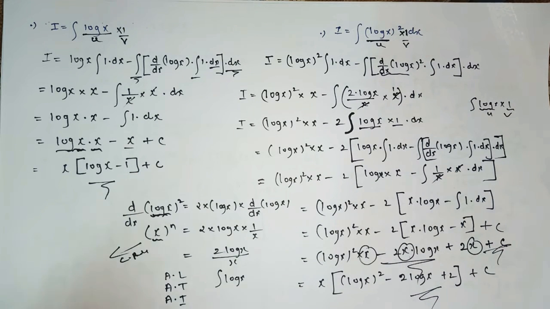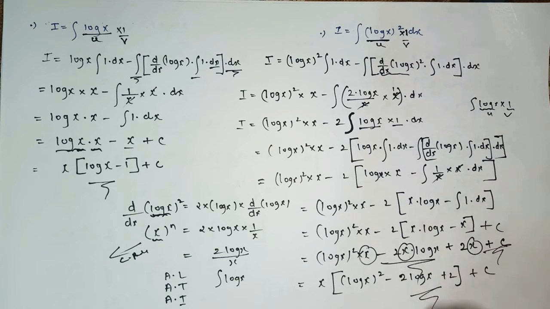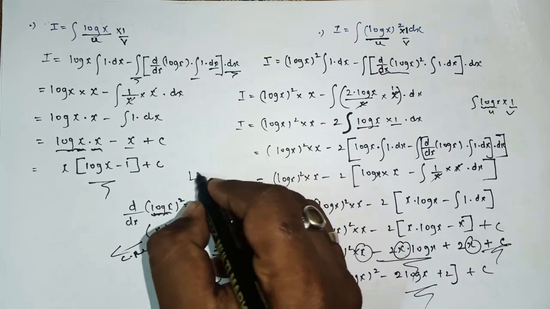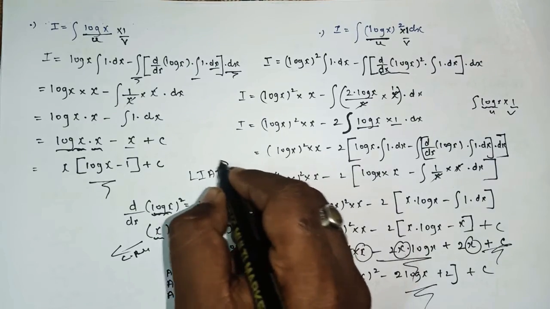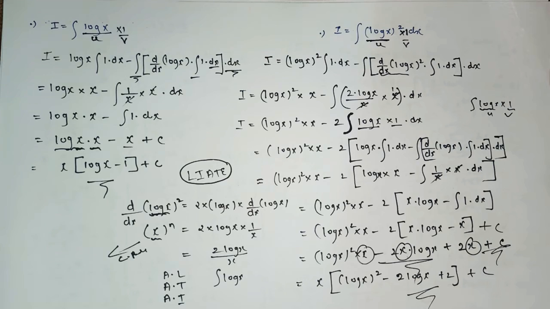I hope you all understood all the examples, even the concept, how to apply the u into v rule and when to apply, and what is the procedure to take u and v, to which function we have to consider u and which function we have to consider v. It all depends on this letter. So here, according to this letter, we have to select our u and v.